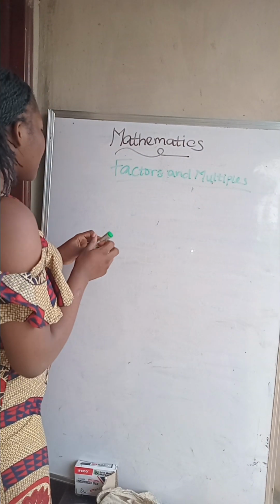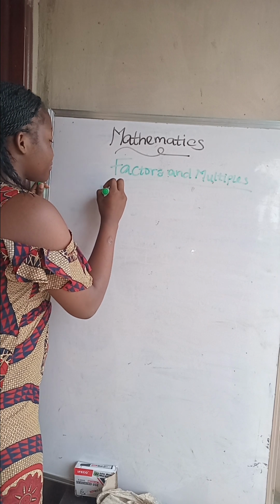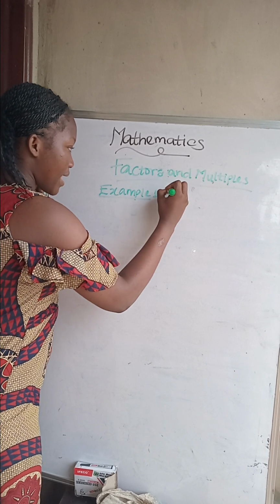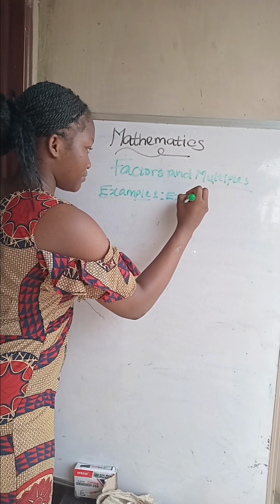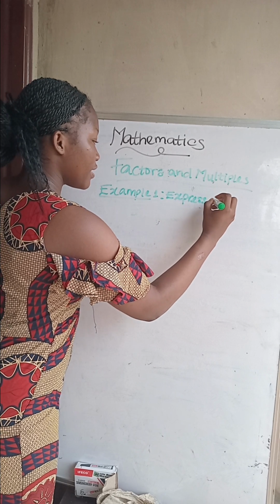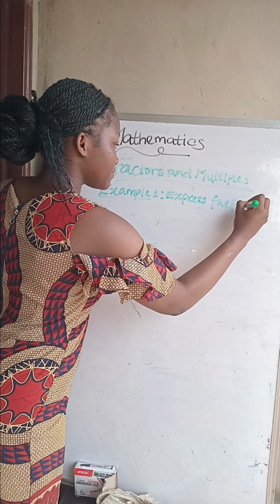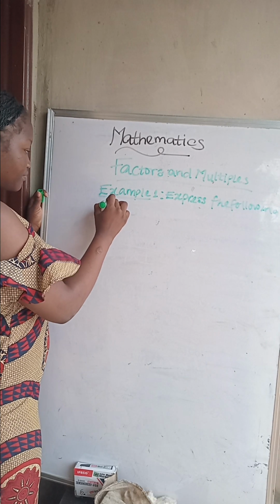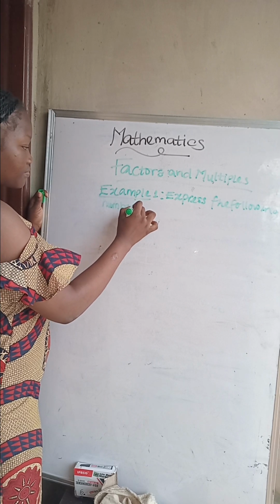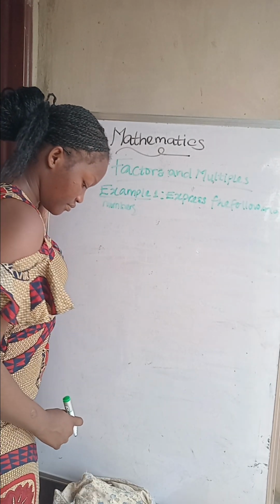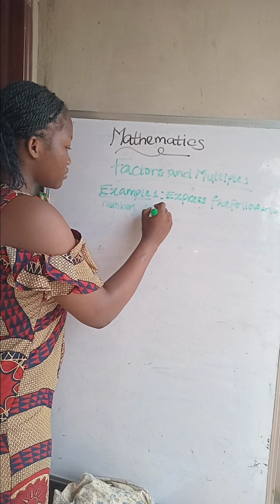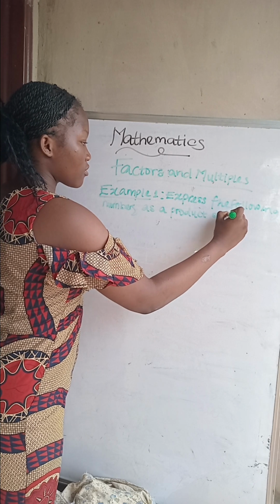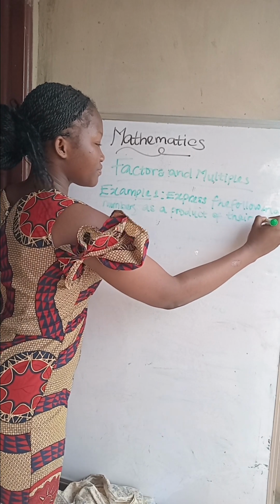So now, example. Express the following numbers as a product of their factors.